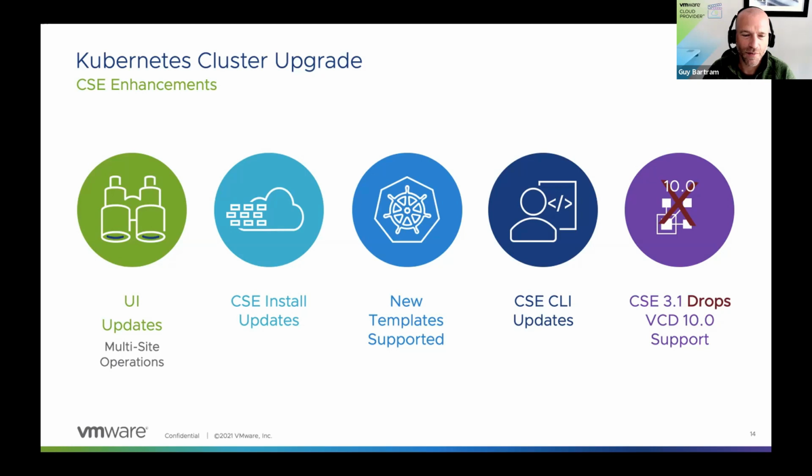Sounds like there have been some really good enhancements in usability: the UI updates, visibility across multi-site, the ability to delegate control of a cluster to another VCD user, and then obviously the install updates and templates. So it sounds like there's quite a lot here that's been included. That is true.